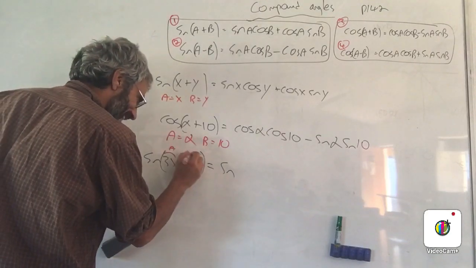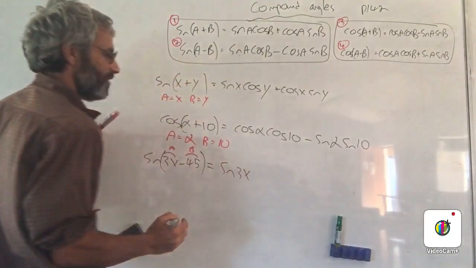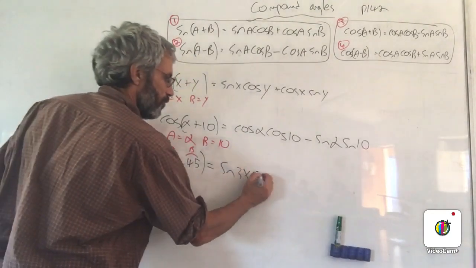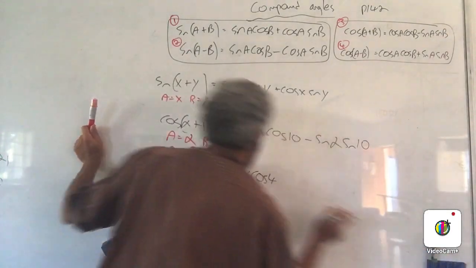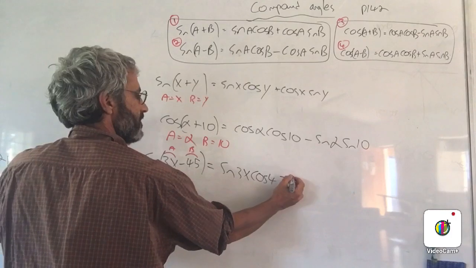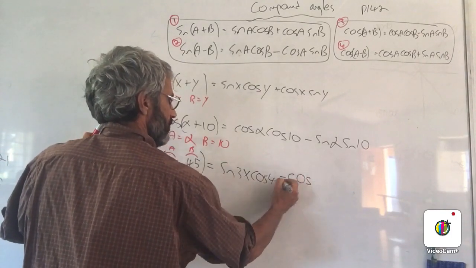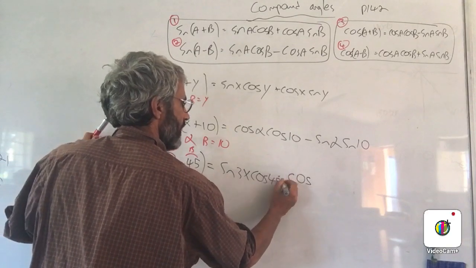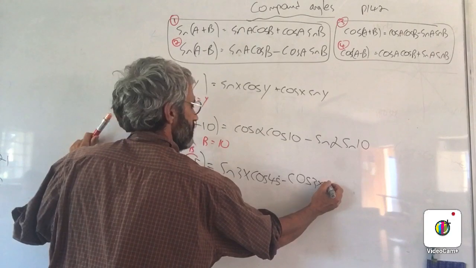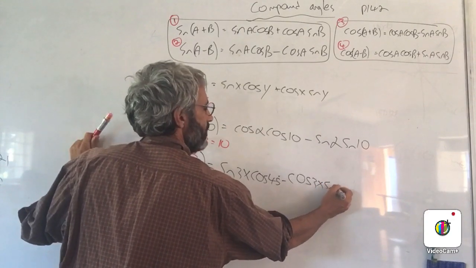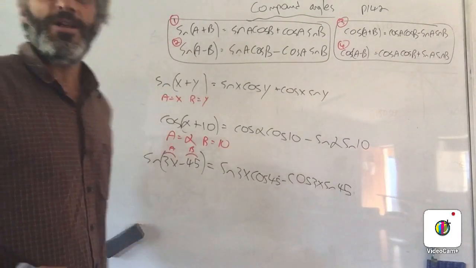That's your A, that's your B. Sine 3x cos 45, minus cos 3x multiplied by sine 45. Can I do anything?